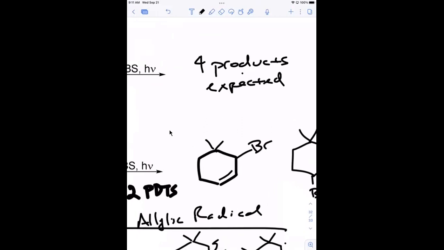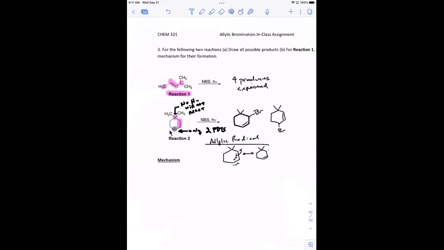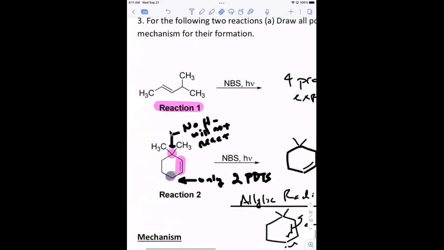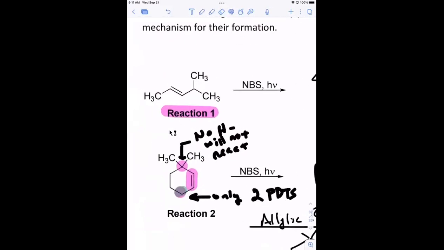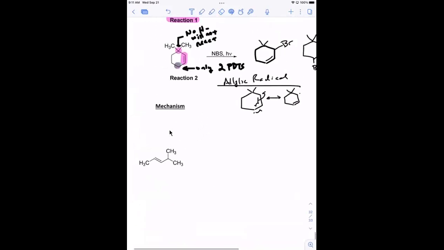And then we also talked on Monday about how some products are going to be formed faster than others, and some are going to be more stable than others. So let's go through the mechanism and see if we can answer those questions. We're not going to go through the initiation step because I don't want to run out of room.